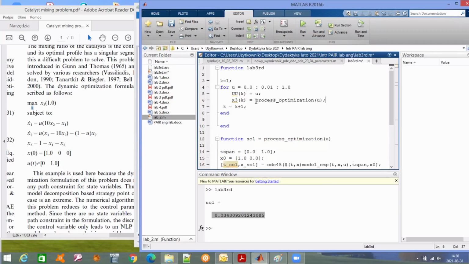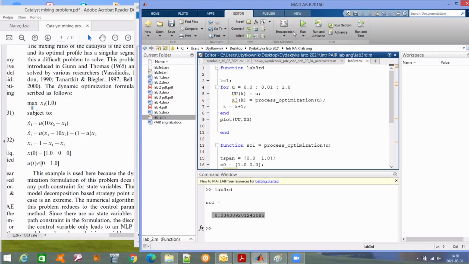And after that, we can make a plot when we have different values of u and obtain values of x3.